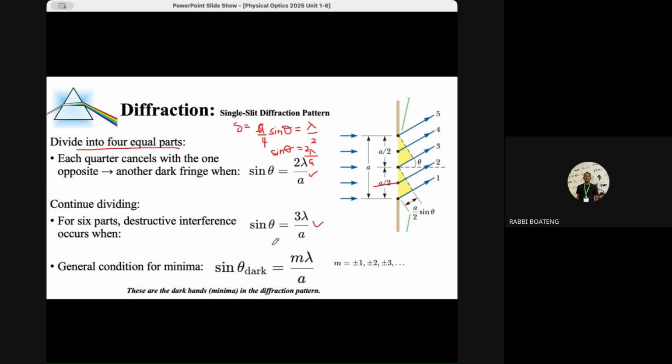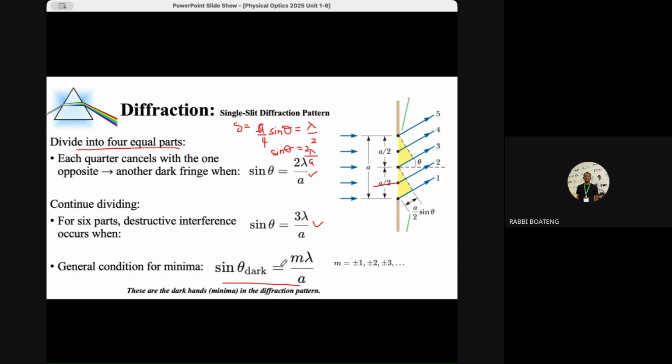So the general condition for a minima to happen, that is a dark interference, or say dark fringes, is going to be created by this equation, because at the end of the day, anytime we divide, we are getting only the parameter n being changed. So from 1, we went to 2, we went to 3, we divide again, so we go to 4, we get to 5. So it's a general condition for a minimum to happen.